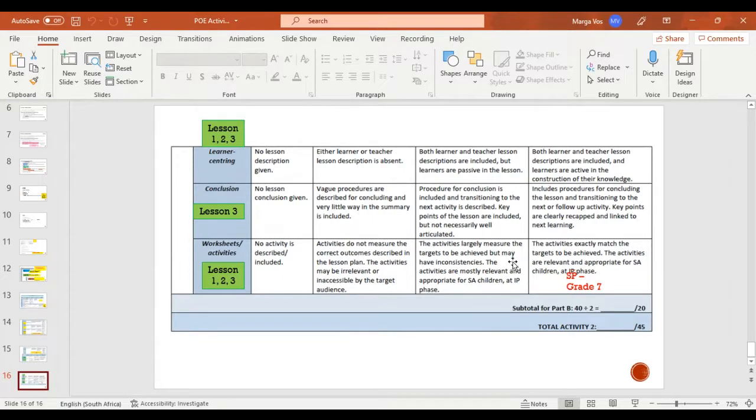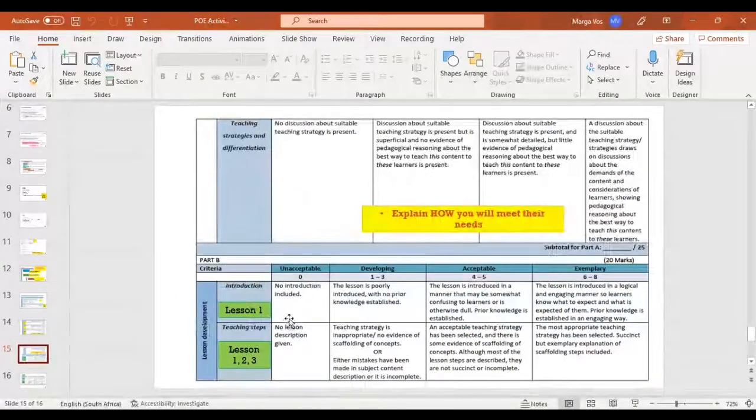All right, the activities exactly match the targets to be achieved. The activities are relevant and appropriate for South African children in the intermediate phase. Here it is senior phase because it's grade 7. All right, remember the focus is on grade 7.